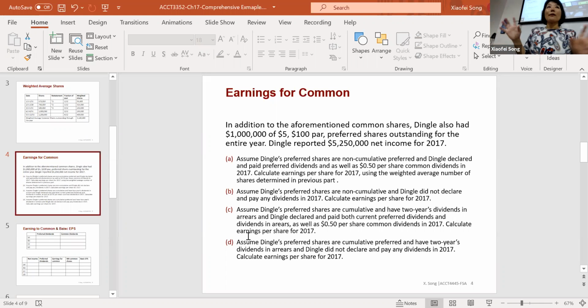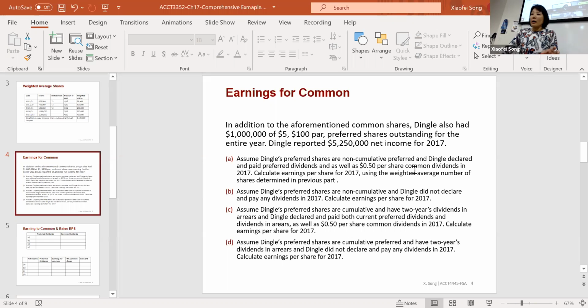And sometimes if you have dividends in arrears, they will go back to pay previous years' dividends. So all the situations we'll put here. The first: assume preferred shares are non-cumulative, and Dingo declared and paid preferred dividends as well as 50 cents per share common dividends.